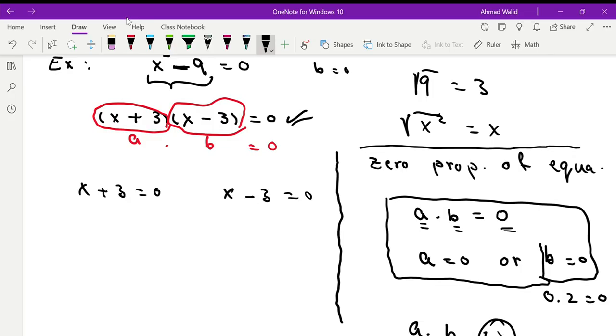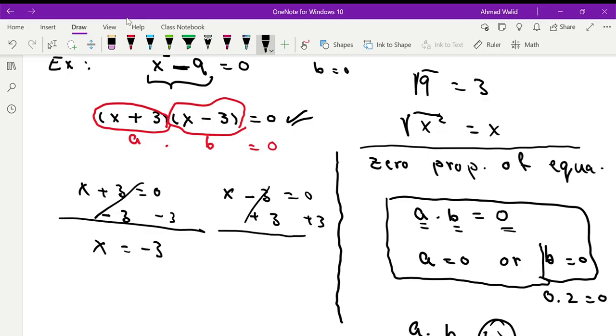Now, look, everyone knows how to solve this easy equation, a linear equation. Subtract 3 from both sides. These two cancel out. x equals negative 3. Here, add 3 to both sides, and x equals 3. The two roots of the equation.